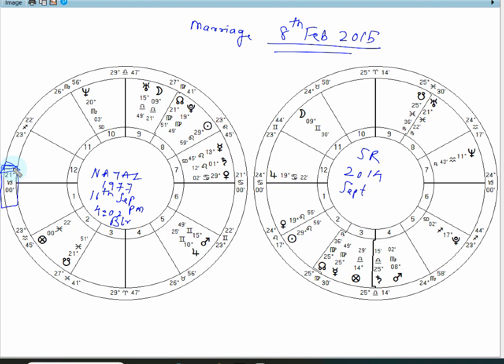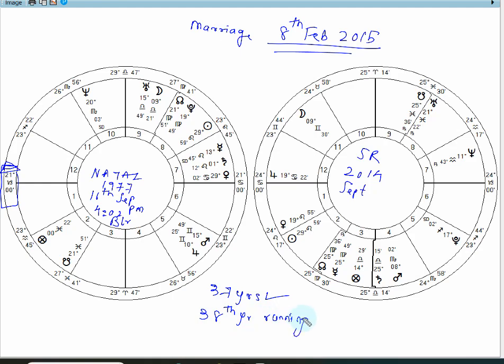So his 38th year was running. By September 2014, he had completed 37 years and was running the 38th year.